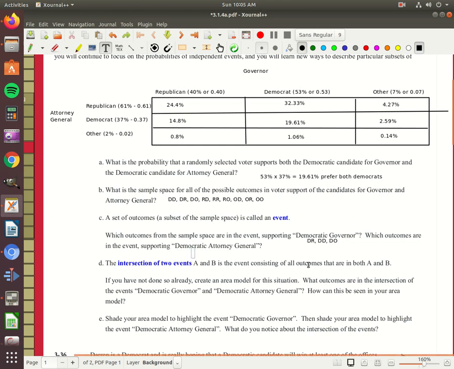So the people who like the Republican governor and the Democratic attorney general, the people who like the Democratic governor and the Democratic attorney general, and the people who like the other governor and the Democratic attorney general. You can see in this one, the D's are all the governor because they come first. In this one, the D's are all the attorney general because they come second. But these are known as our subset of the sample space.